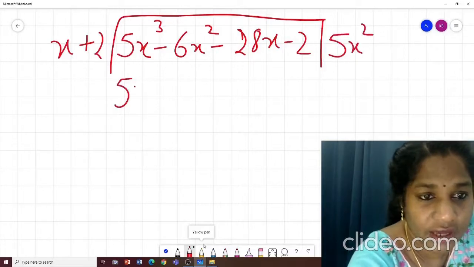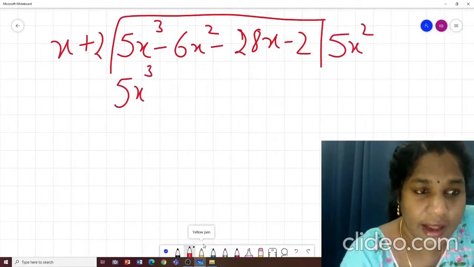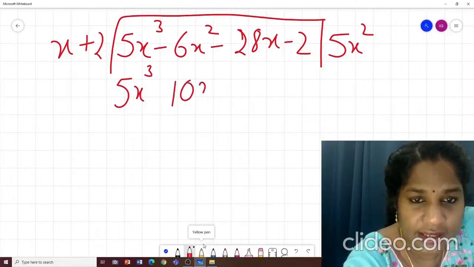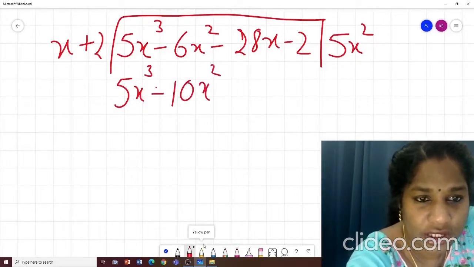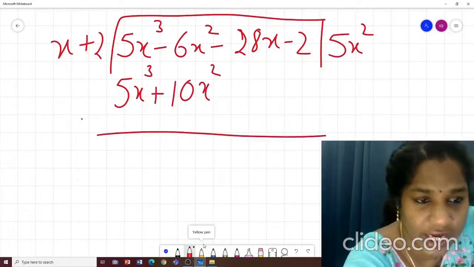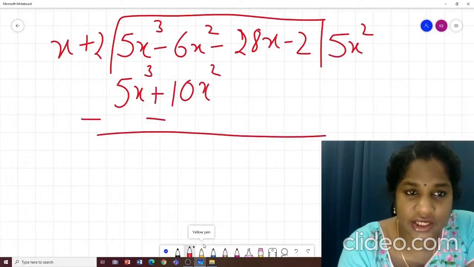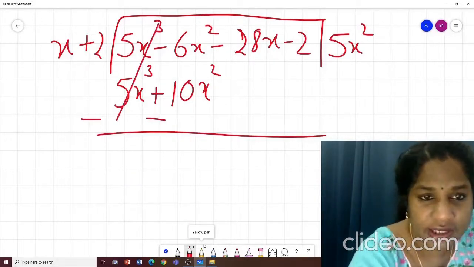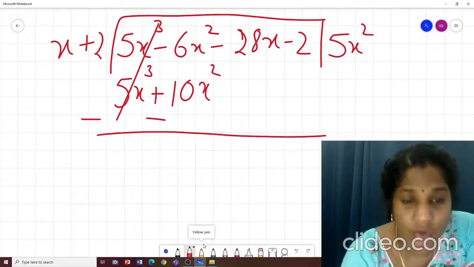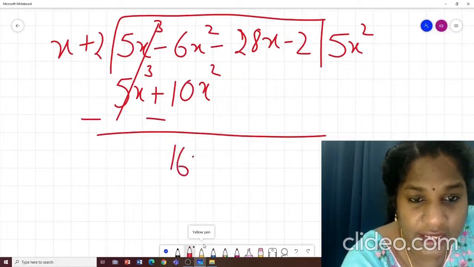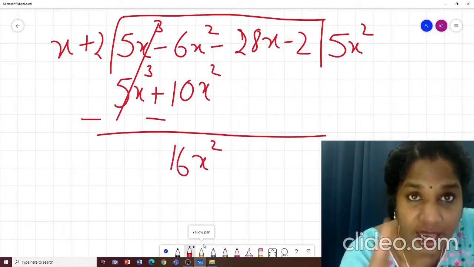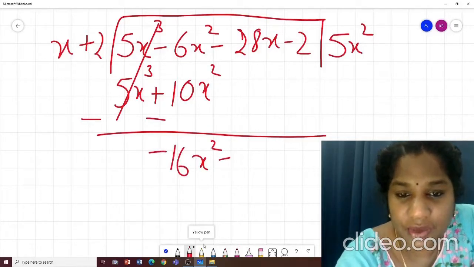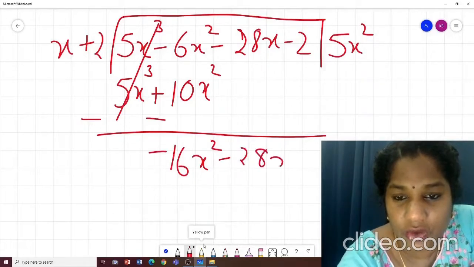I got 5x cube. Perfect. I am multiplying with 2. It will give me 10x square. That is positive. So next step is to change the sign. I change the sign. So this will become 0 and I will get minus and minus. Plus will happen. I will get 16x square, but the sign of the greater number will come, so it is minus. Then I will bring everything down.